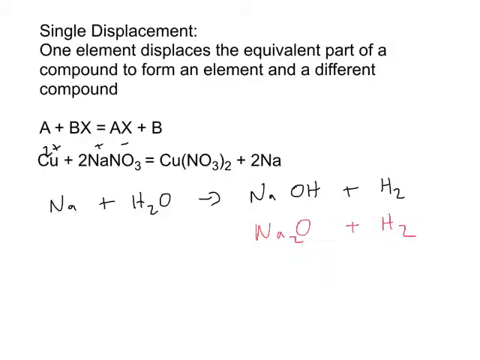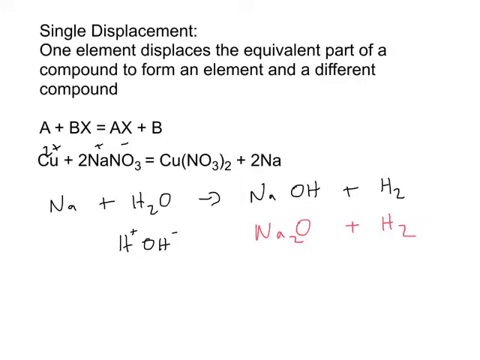This is often what students expect for a single displacement reaction involving water, where you get sodium hydroxide plus hydrogen. They split the water into the oxygen -2 anion and 2 hydrogen +1 cations, but this is not actually what occurs. Water displaces as if this is how it's composed, with hydrogen cation and hydroxide anion.